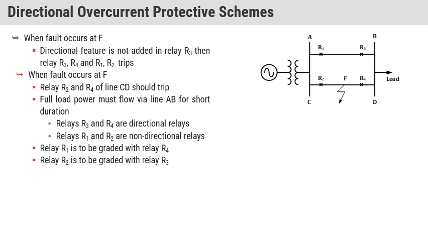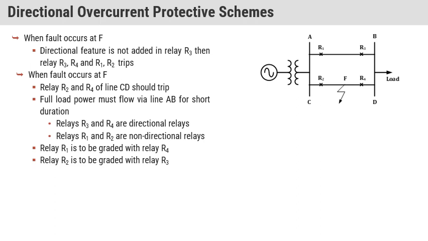This is the parallel bus system, and when a fault occurs at any section F and the directional feature is not added in relay R3, then relays R3, R4, R1, R2 trip. When a fault occurs at point F, R2 and R4 of line CD should trip.